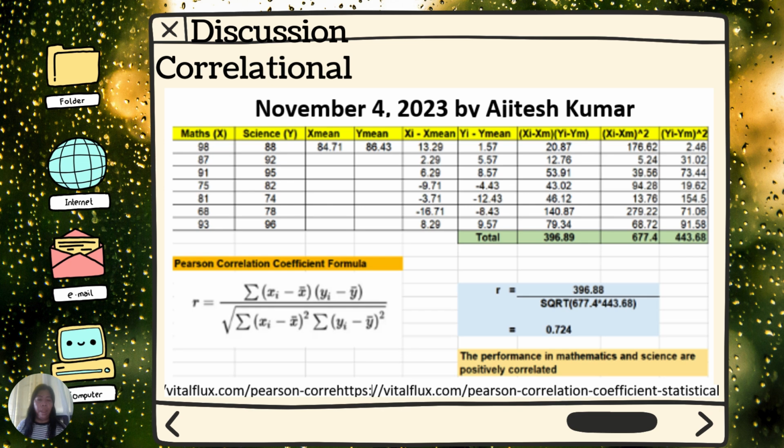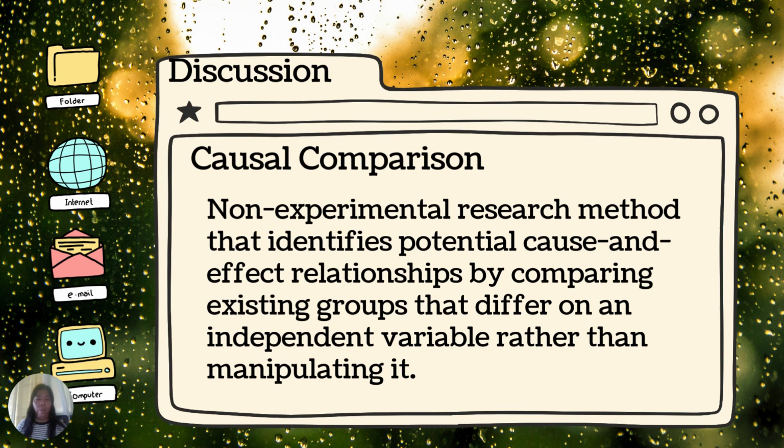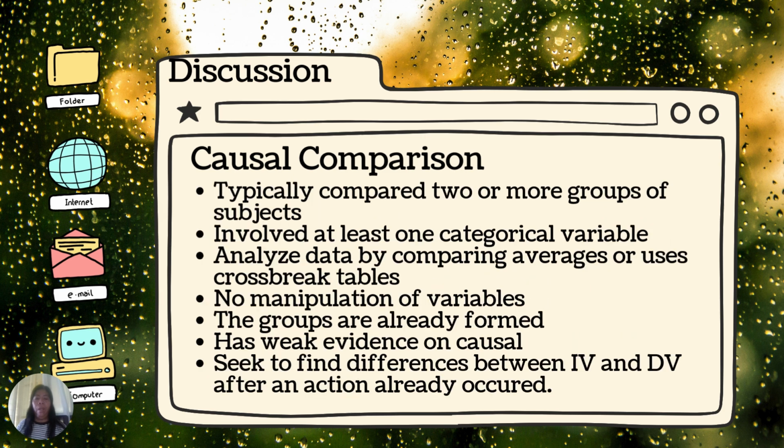Okay, let's proceed. The next one is what you call causal comparison. As I was saying, causal comparison is another non-experimental research method that identifies potential cause and effect relationships by comparing existing groups that differ on an independent variable rather than manipulating it. These are the typical reminders to consider for causal comparison.